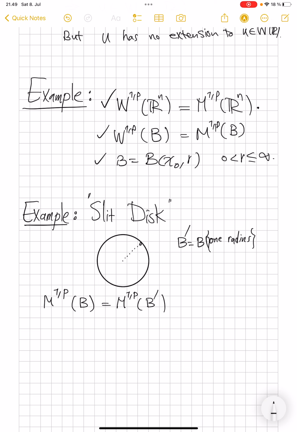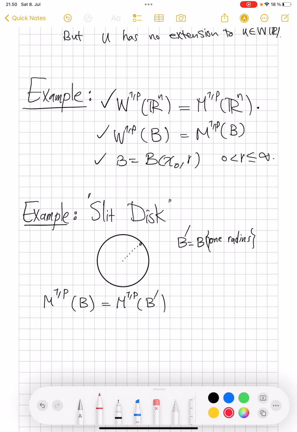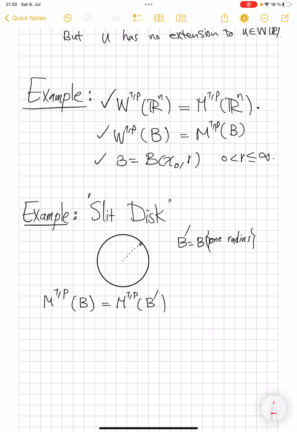But I have also another suggestion for the proof, and that was the density of Lipschitz functions. We saw that Lipschitz functions are dense. And notice that the Lipschitz function on B prime is just the Lipschitz function on B itself because, well, Lipschitz functions uniquely extend to the closure of a space.